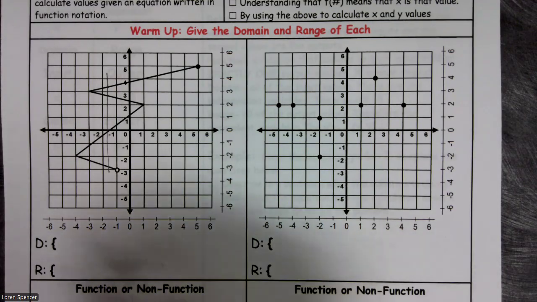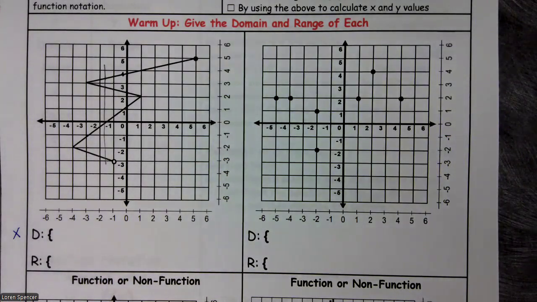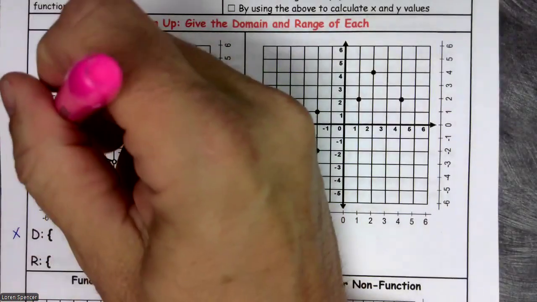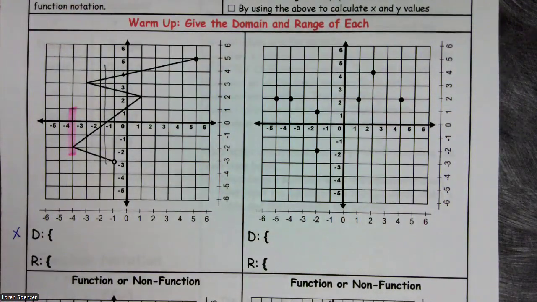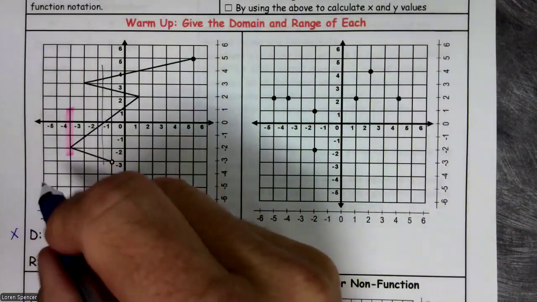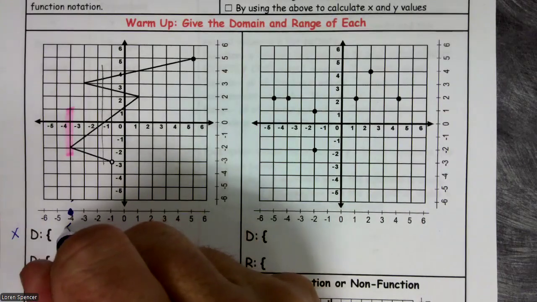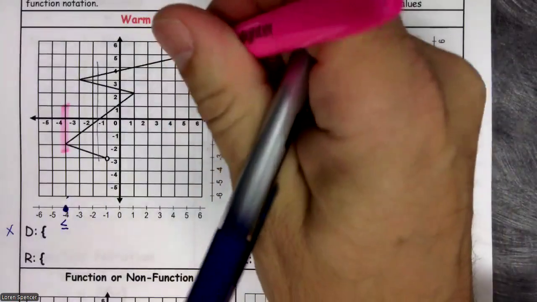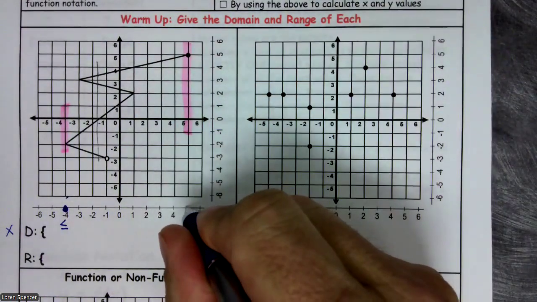All right, please remember domain is the X values. So in this case, we'll do our X values in pink, and we're going to start from left to right. Furthest to the left, we have -4. That -4 happens to be a solid mark, so we're going to put a solid right here and use a less than or equal to sign. Then we're going to go to +5. +5 goes here.